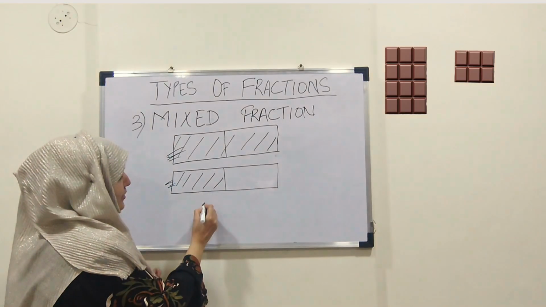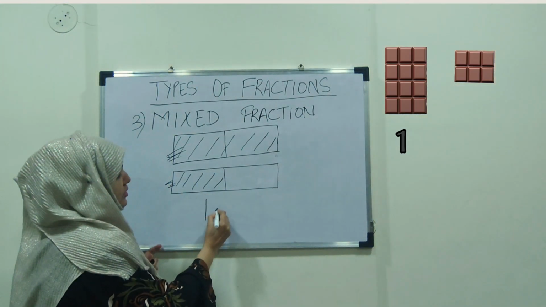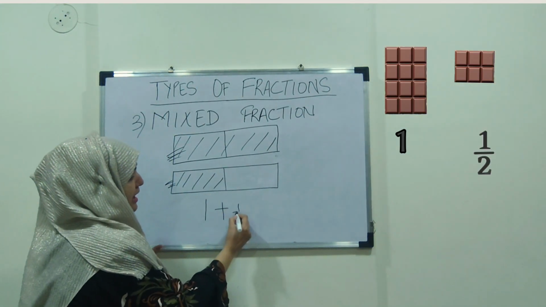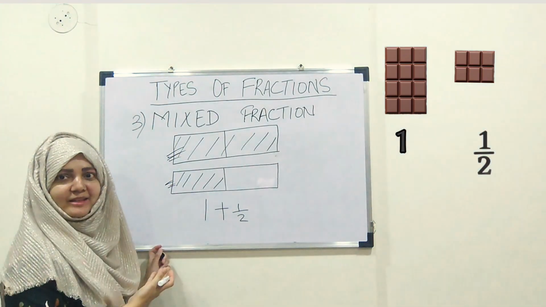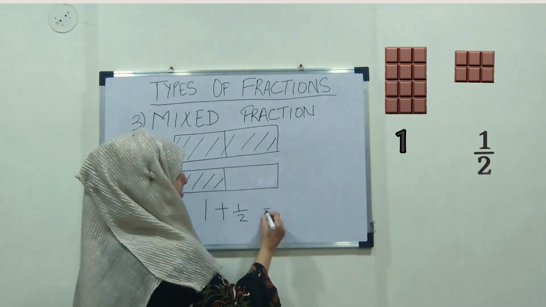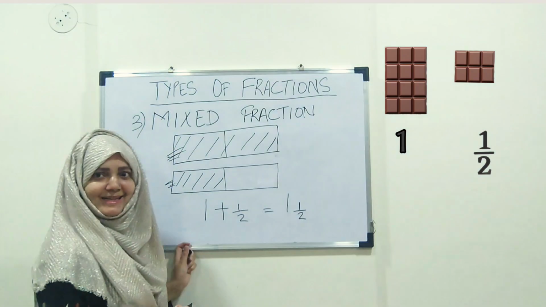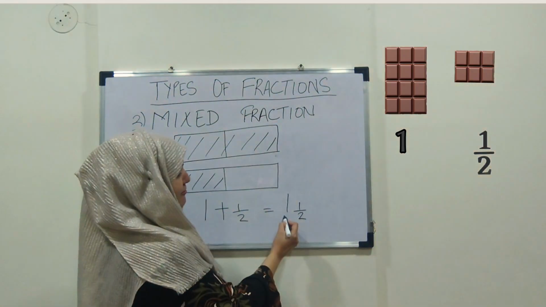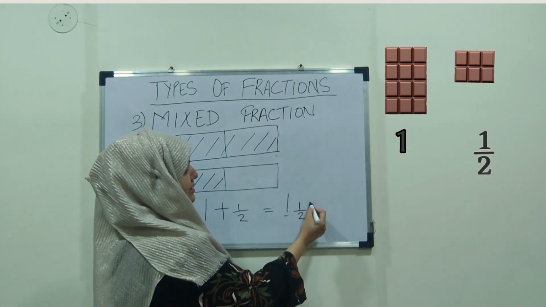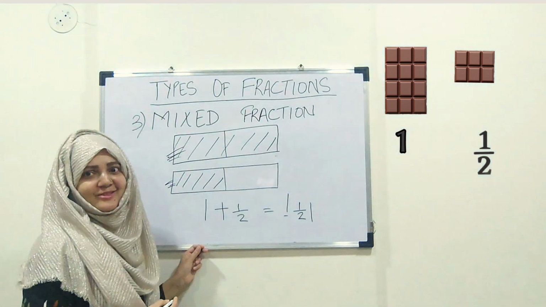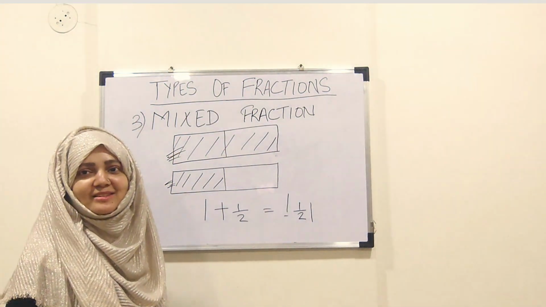That means you ate one whole chocolate plus half from the other one. So that can be written as 1 and 1 by 2. Correct? So that means we have 1 and a proper fraction together. So this is the mixed fraction. It is used when we eat, buy or measure things in more than one whole.